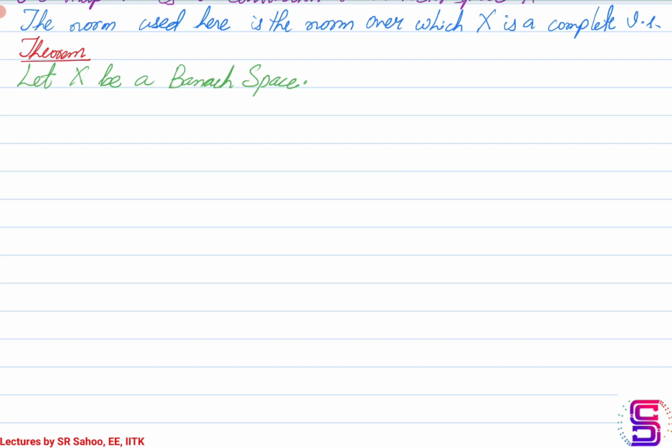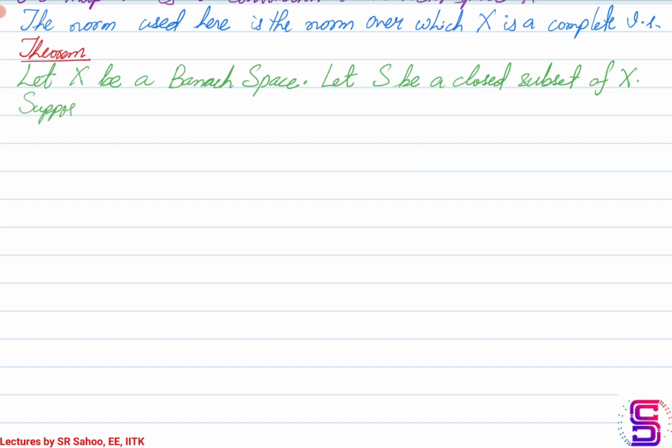So all Cauchy sequences in X are essentially convergent. Now let S be a closed subset of X.